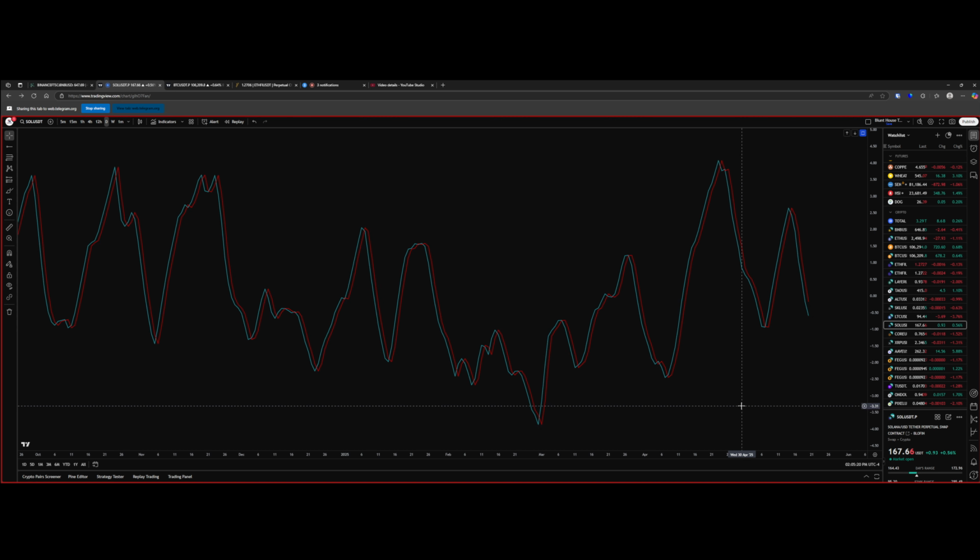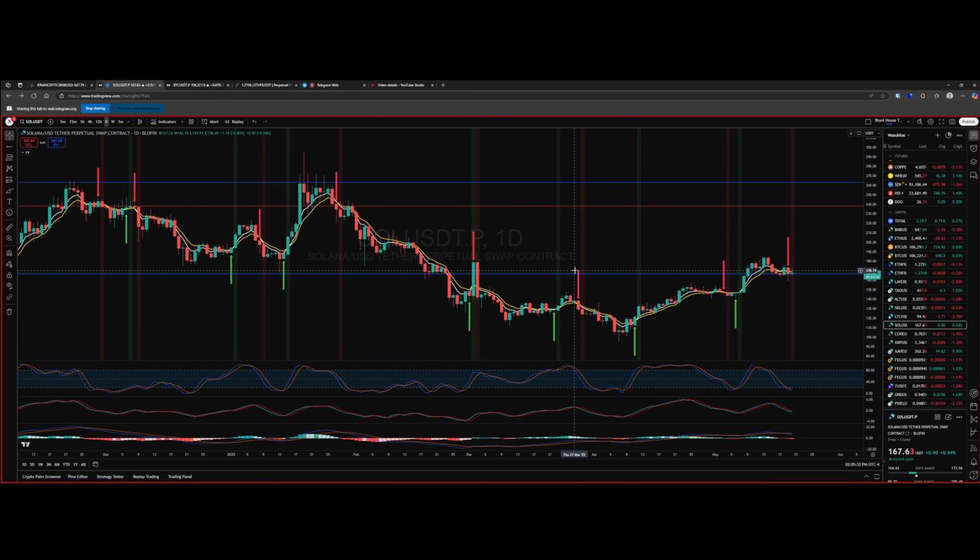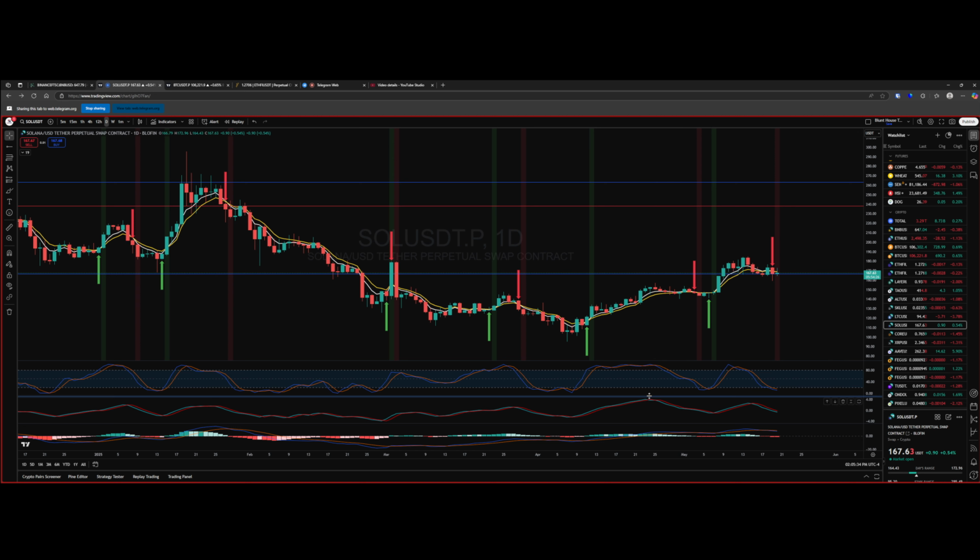What I like about it is that it doesn't give you a lot of false signals. So I typically like to find areas where it's very overbought in conjunction with my stochastic RSI that's very overbought, and then it starts to fade. See, not much of a move came from there, but typically that's where I like to use it, right?